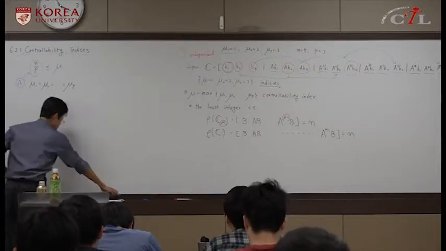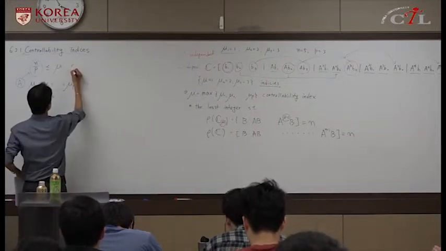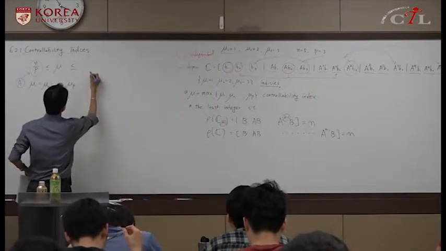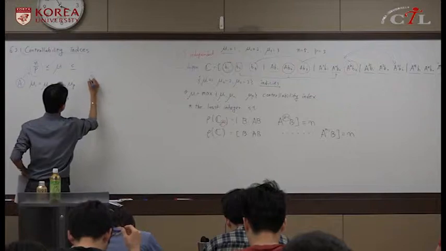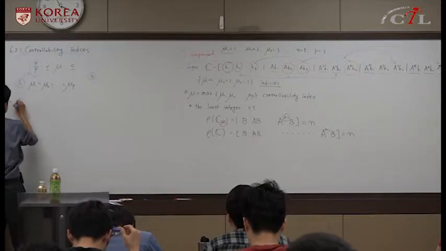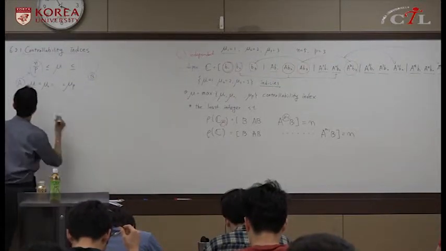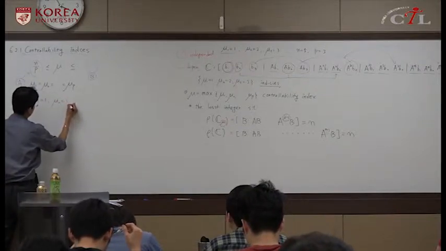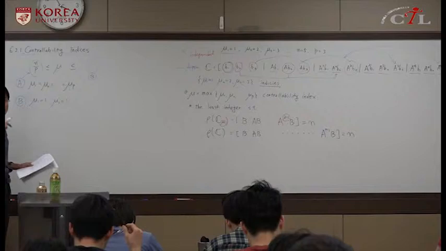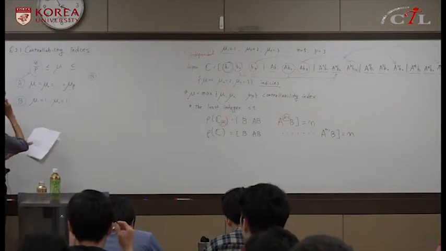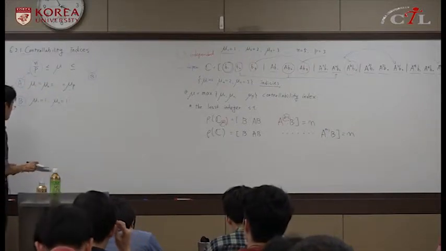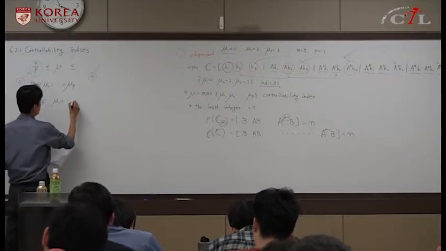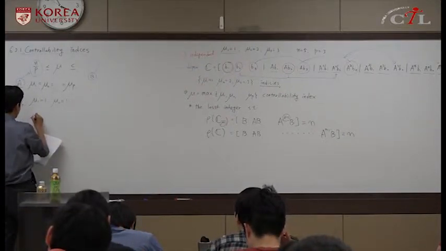Then what's the maximum value? The maximum value is, if I say case B, all other indices are 1. All other indices are 1, and only one index is large.